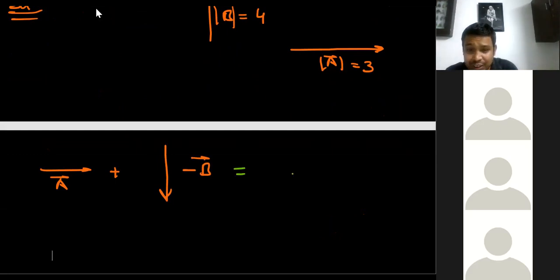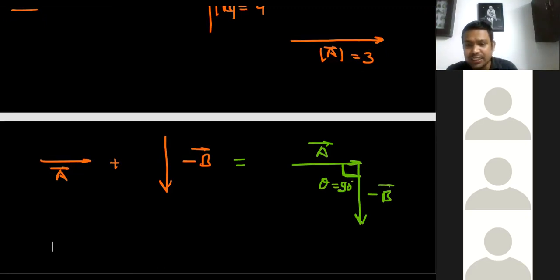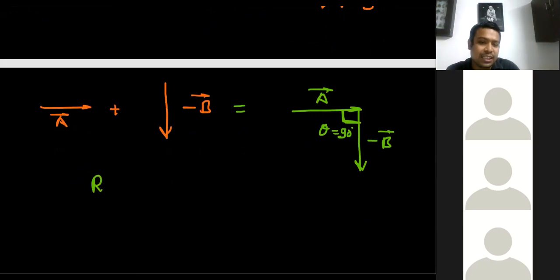So in addition, the head of the first vector is added with the tail of the second vector. This is minus B. So my dear friends, this diagram indicates that both vectors are perpendicular to each other. Tell me, Hasan, theta is equal to 90 degrees. So if theta is 90 degrees, what is the resultant?